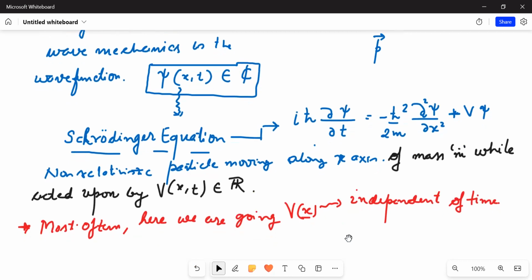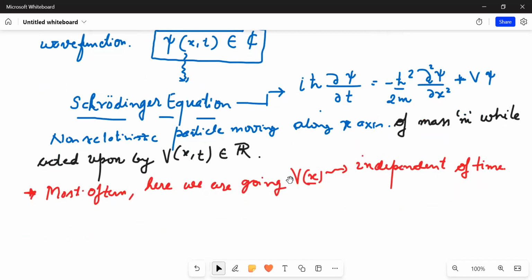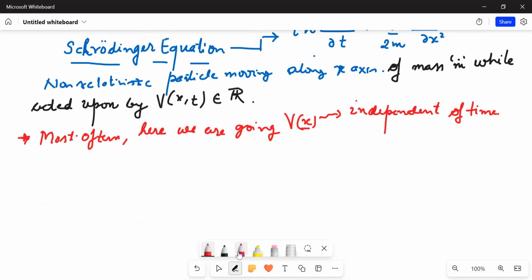Now, just think about why this particular wave function, psi of x comma t, or psi of r comma t if I write in 3 dimensions, belongs to the set of complex numbers and not real numbers.